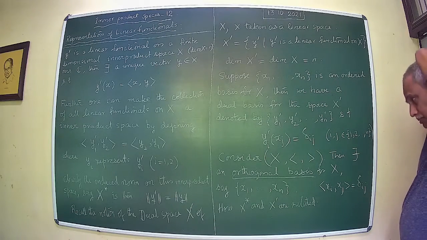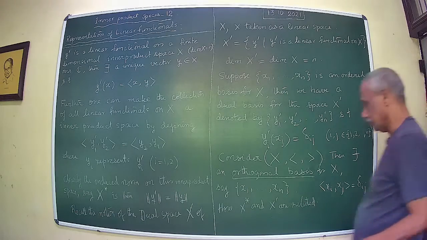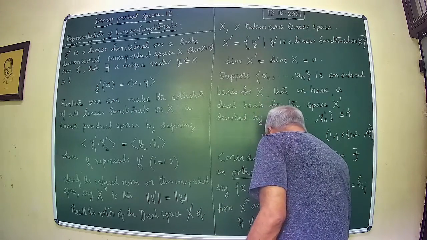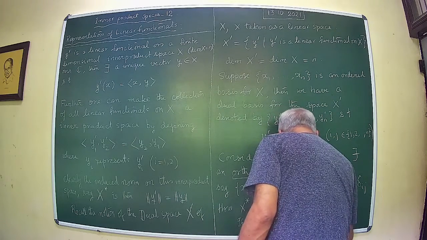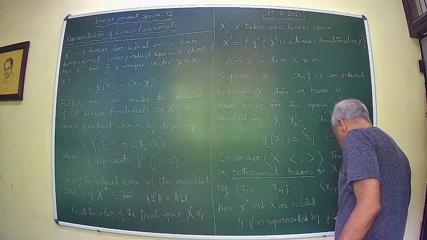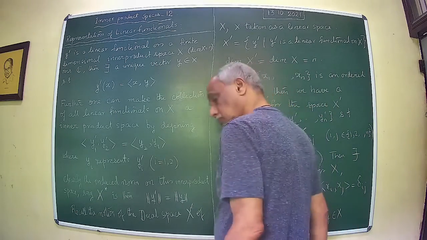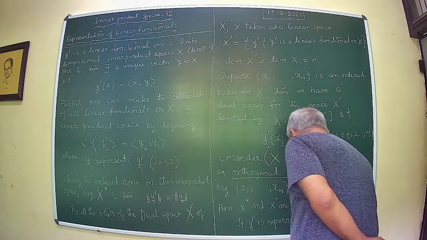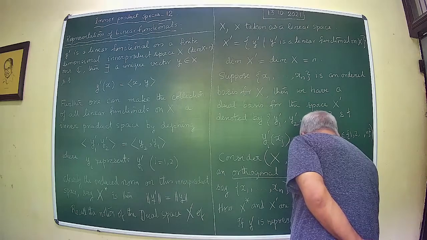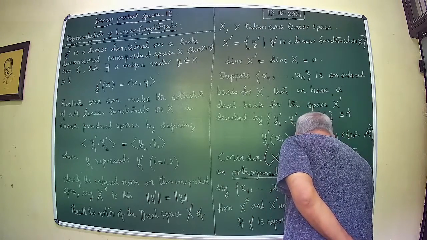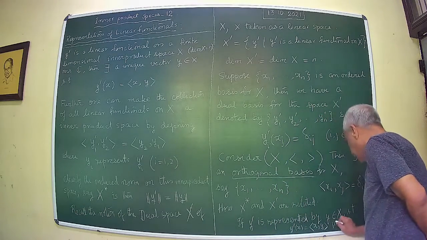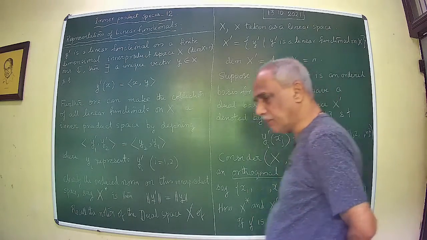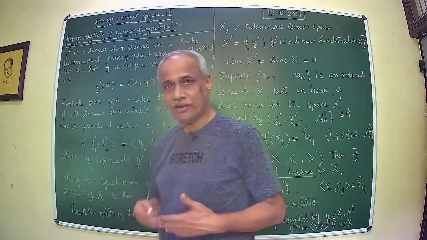It's not a problem, but some difference that could come, because you see that if y prime is a linear functional on x such that y prime of x equals the inner product of x with y for every x belonging to x, then we can write down, we can associate or find out what this vector is.